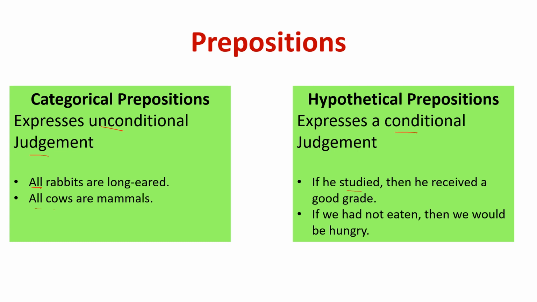Another example is if he had not eaten, then he would be hungry. So the condition is to eat, then the person will not be hungry. So a categorical proposition is one where there is no condition. It is unconditional judgment, and hypothetical has a conditional judgment. There is a particular condition attached in this proposition.